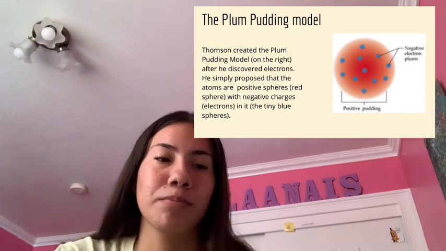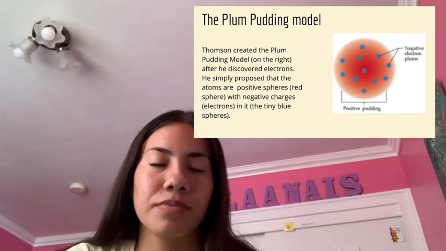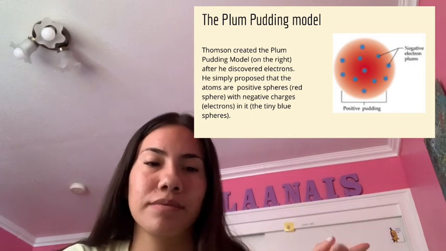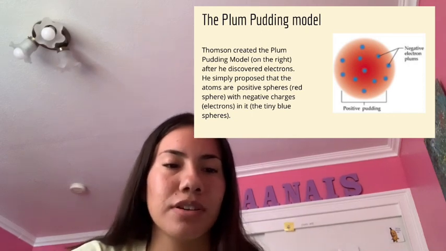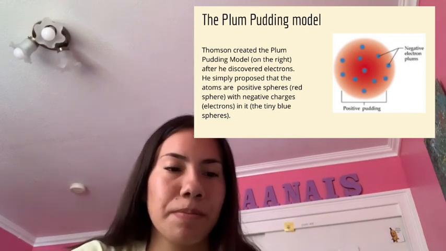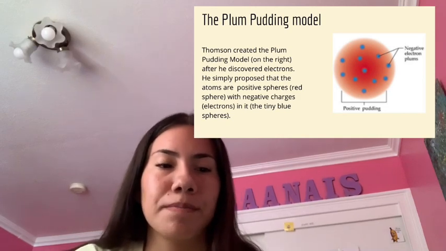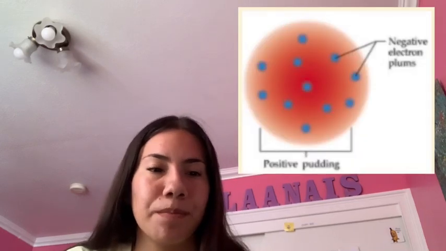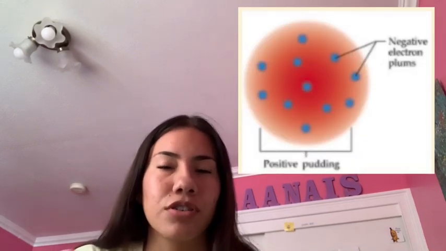So the plum pudding model. Thomson created the plum pudding model on the right, after he discovered the electrons. He simply proposed that atoms are positive spheres. So the red sphere with negative charges in it.